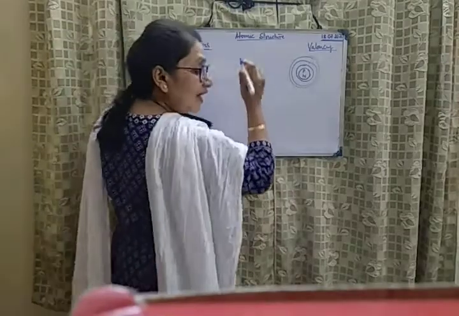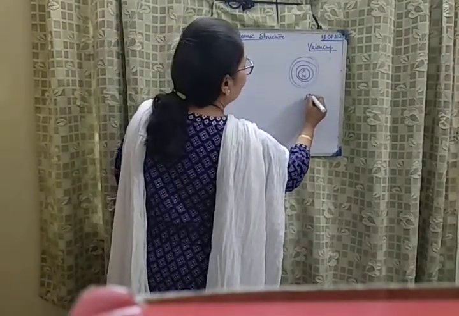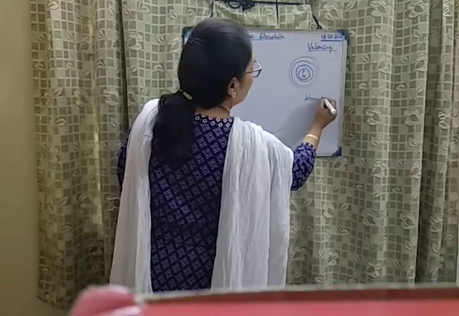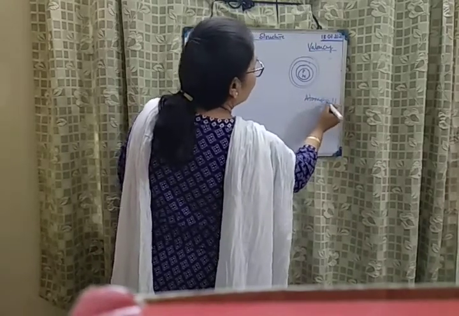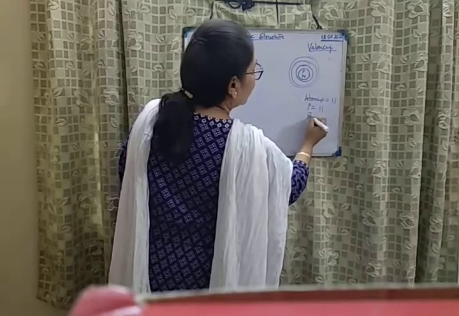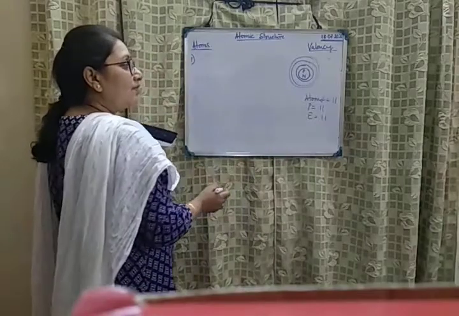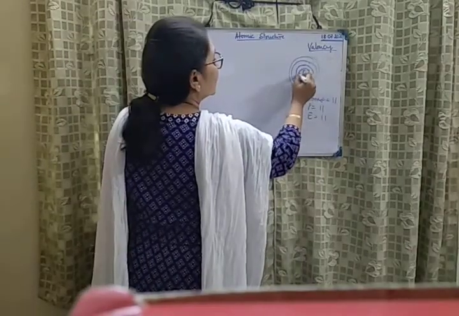So if we had done the example with an element having atomic number 11. So atomic number 11 means proton is 11, electron is also 11. So how do we arrange them? What did we see? This is the nucleus.